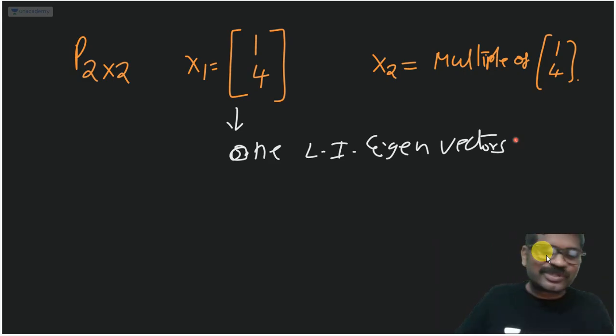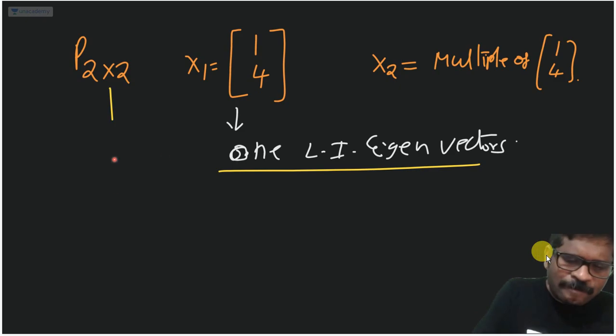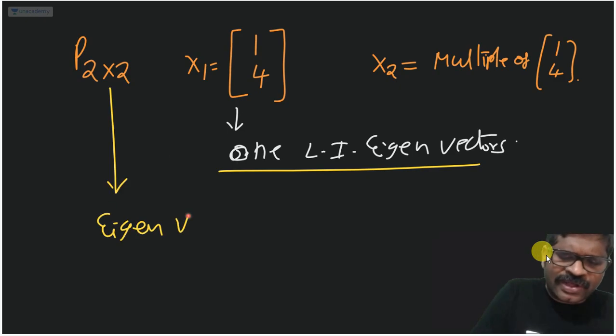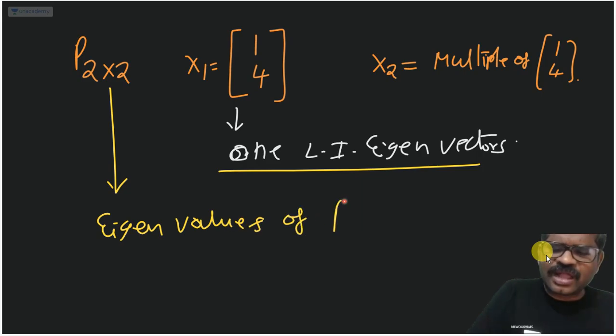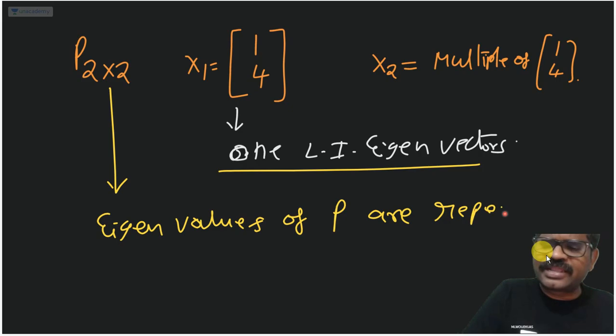From this, we can understand that the eigenvalues of P are repeated. So the matrix has repeated eigenvalues.